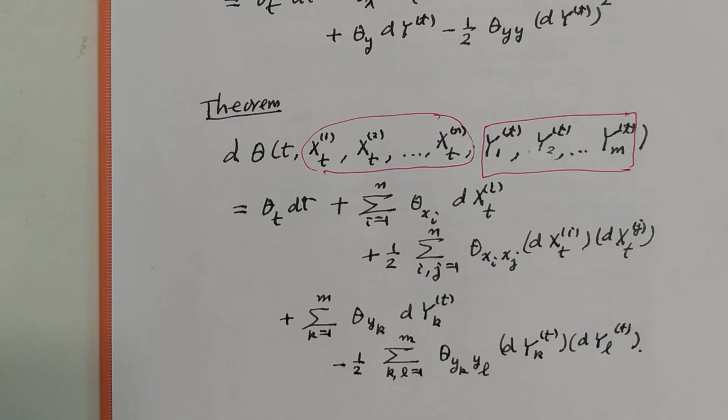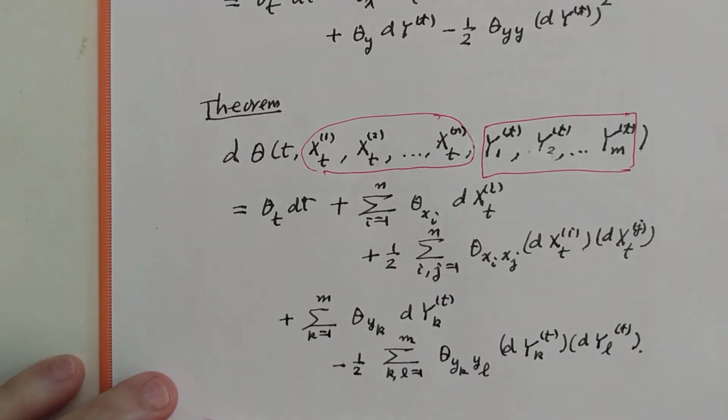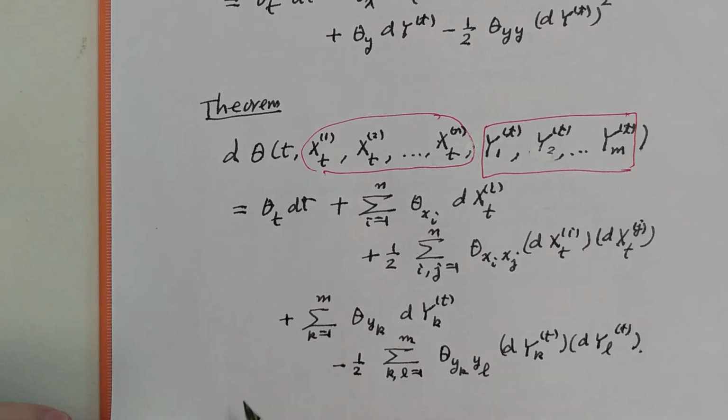Okay, so this is the more general Ito formula. And of course, this is in terms of stochastic differential, and real meaning of this stochastic differential should be written as the stochastic integral, which is easy to do, but rather complicated to write it down.